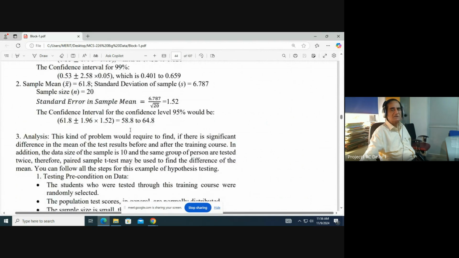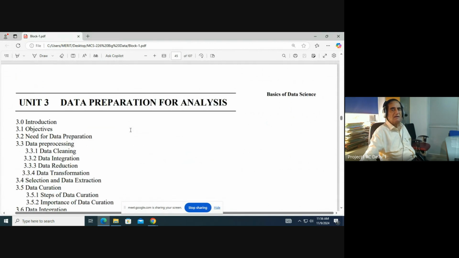These are various questions which you can check. This is data preparation for analysis, because डेटा कैप्चर कर लिया, डेटा प्रेपरेशन करना है, उसके लिए भी आपको मेहनत करनी पड़ेगी.